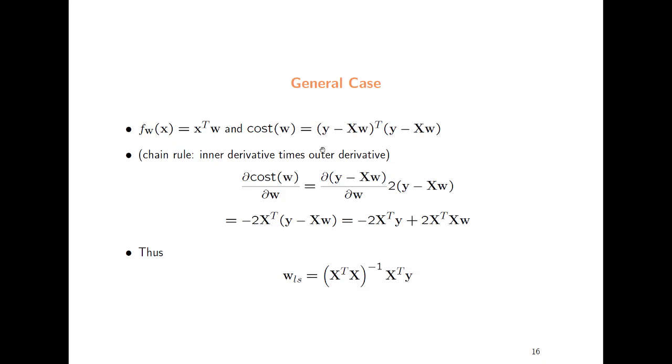So this is sort of a quadratic form. We get 2 times this term out as before. And then we have to calculate the derivative of this difference of these 2 vectors with respect to w. And the solution is minus 2 x transposed times y minus xw.